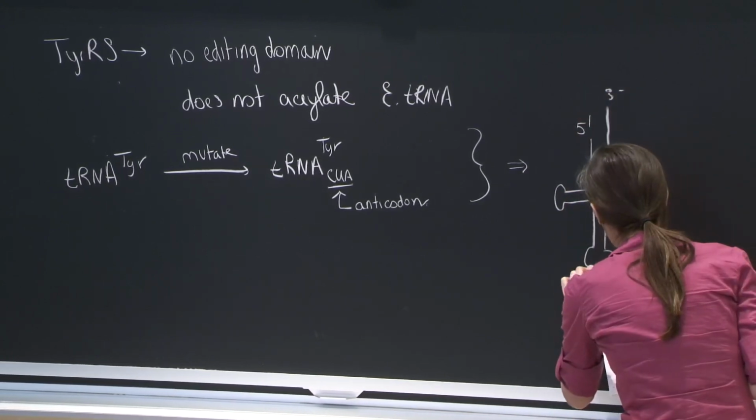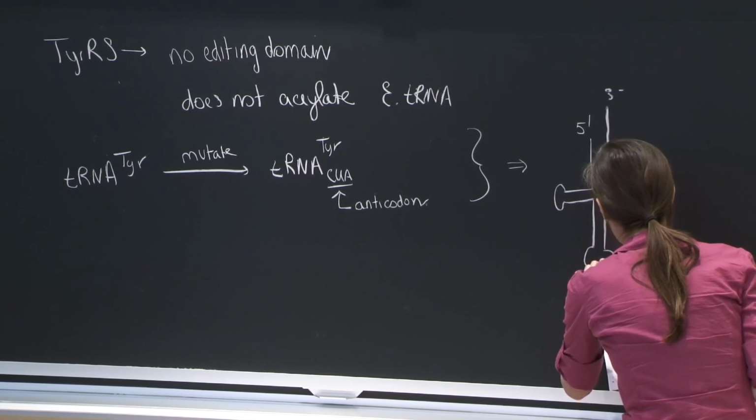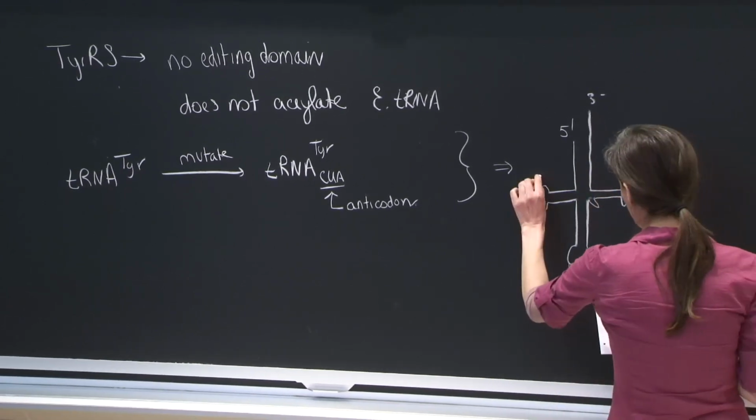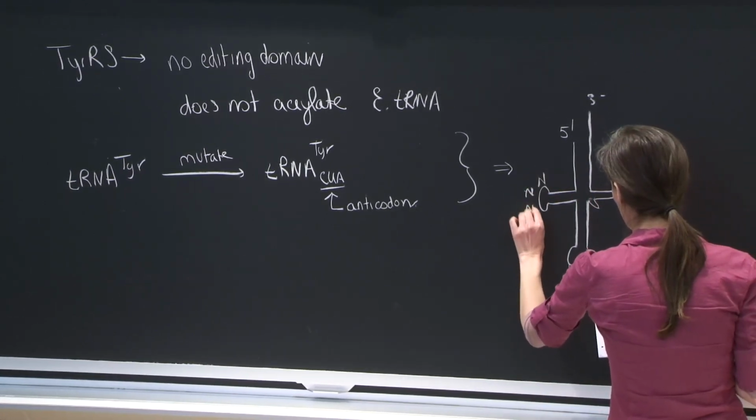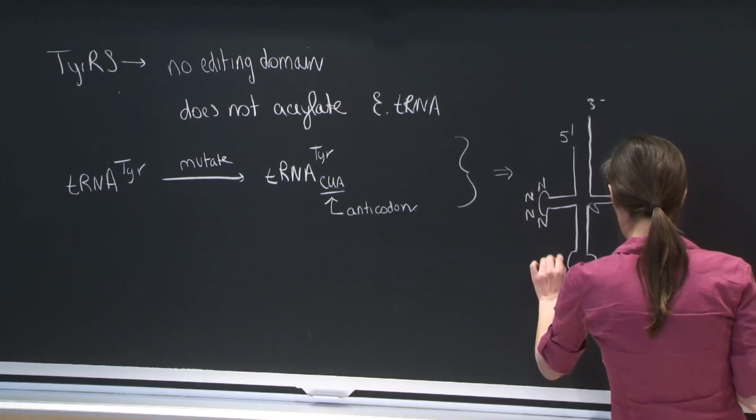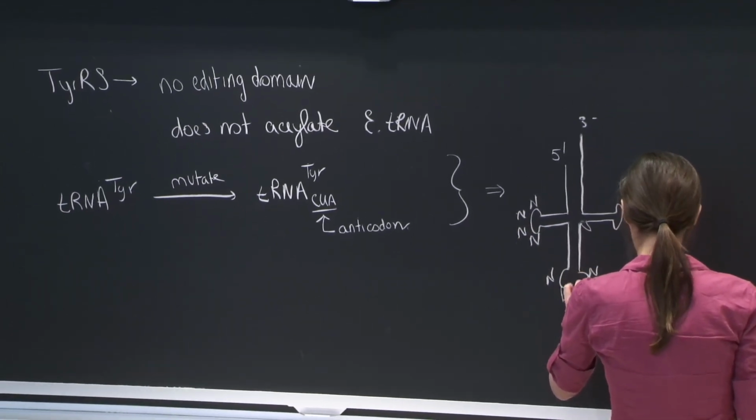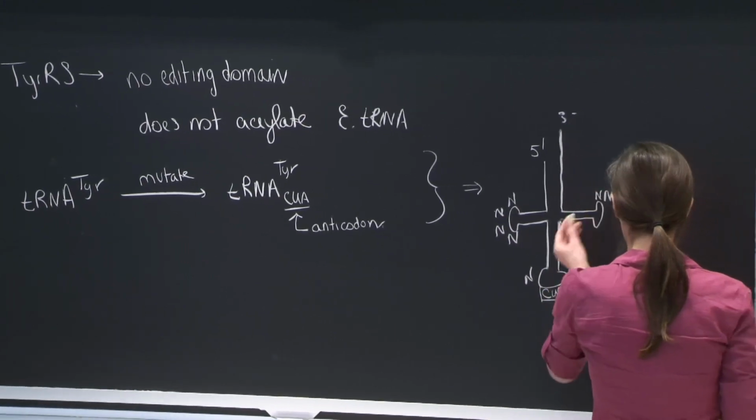So here's our tRNA, here's our CUA anticodon here. And effectively, these ends are positions where they randomized and did mutagenesis here.